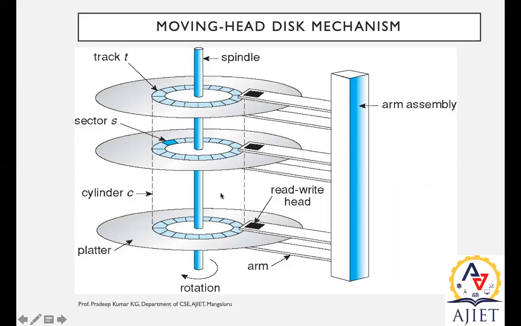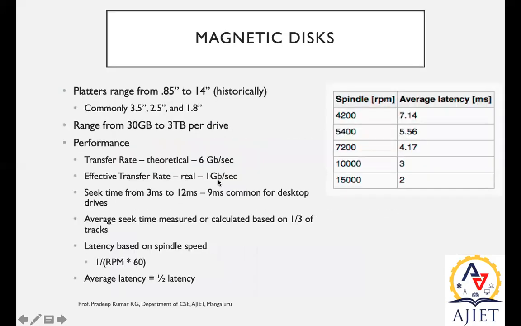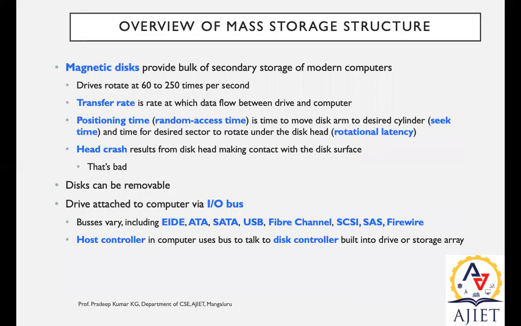To identify under which disk your file is, that is random access time. This is the arm assembly. So we move the arm assembly with its read-write head to a particular disk in that cylinder. That is the first part, random access time.